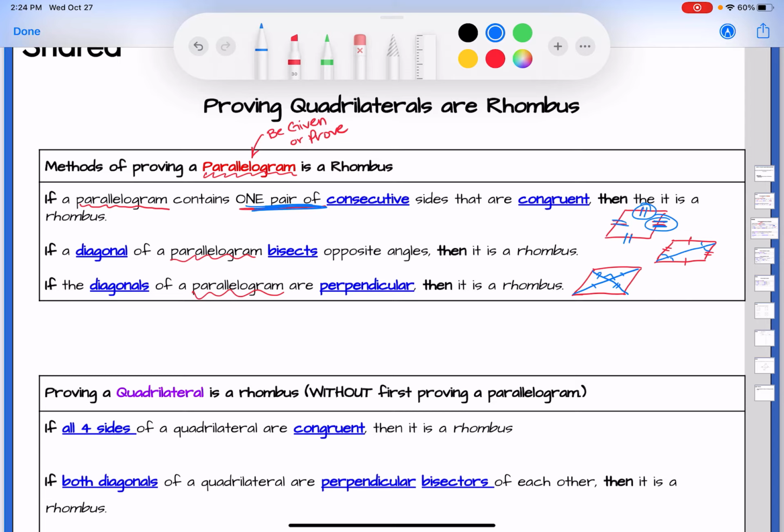The only other shapes that have perpendicular diagonals are kites, but again, once I know that I have a parallelogram to start with, that rules kite out. So the only type of parallelogram that has perpendicular diagonals is a rhombus. So 3 ways this time to prove that a parallelogram is a rhombus.